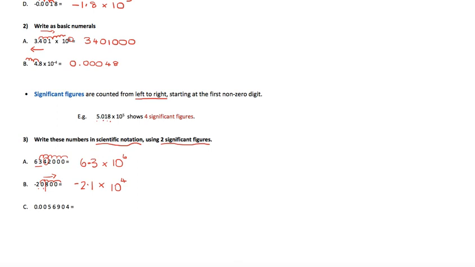This very small number, the first significant figure is 5 and the second one is 6. This 9 here is going to affect this 6, which is going to change into a 7. And so now we've got 5.7 times 10 to the power of what? Let's have a look. 1, 2, 3. It's negative 3 because we are going towards the left. The rest of the digits, such as the 0 and 4, drop, just as we normally do when we are rounding.